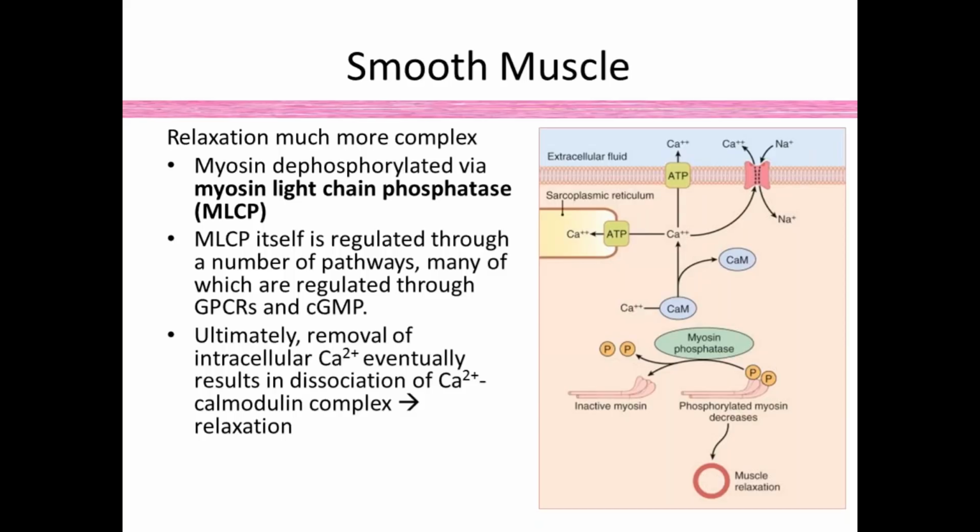It's well regulated, but there are a lot of different players in place, and that's why this is beyond our course, but it is still poorly understood. There isn't a very well-developed model where we can say A, B, C, D, and that's how myosin phosphatase would be activated. So for our purposes, relaxation depends on calcium being removed and on the phosphatase being activated so that it can dephosphorylate the myosin.